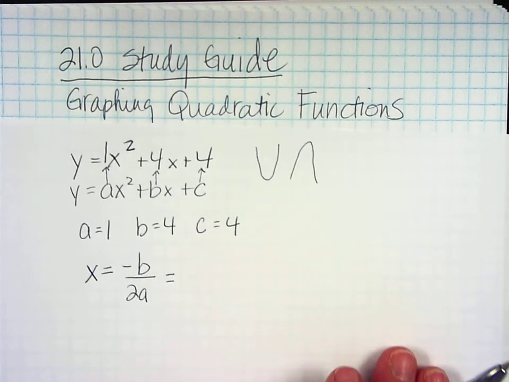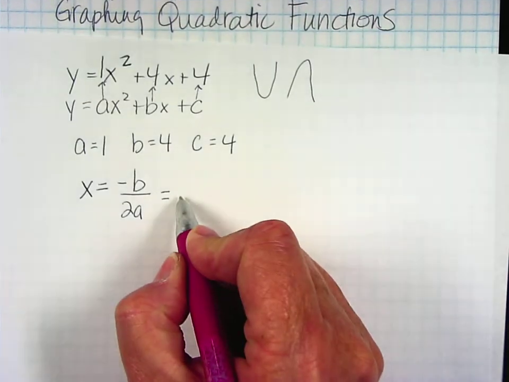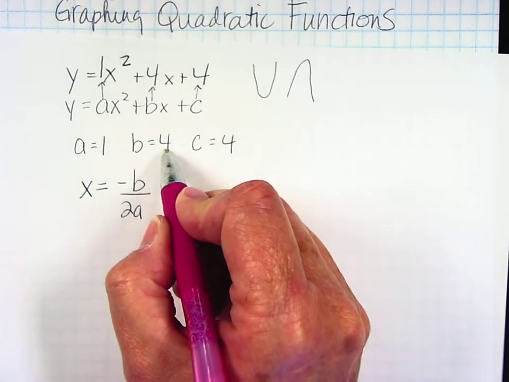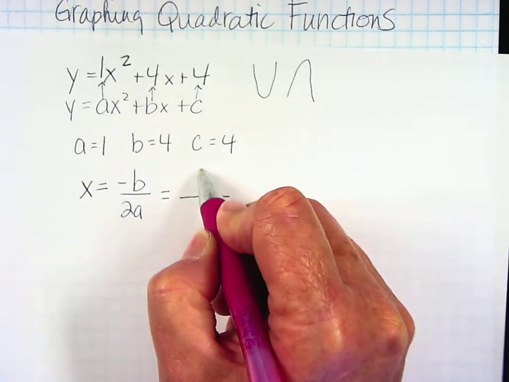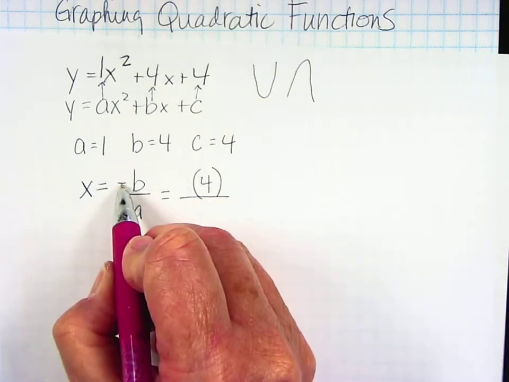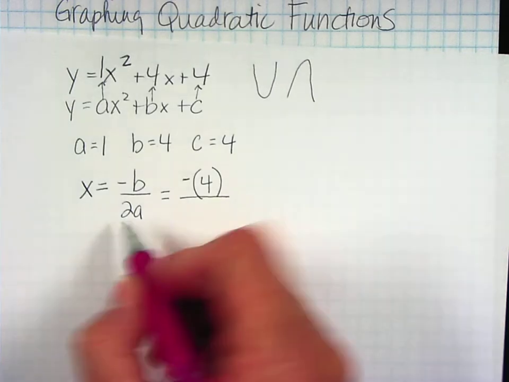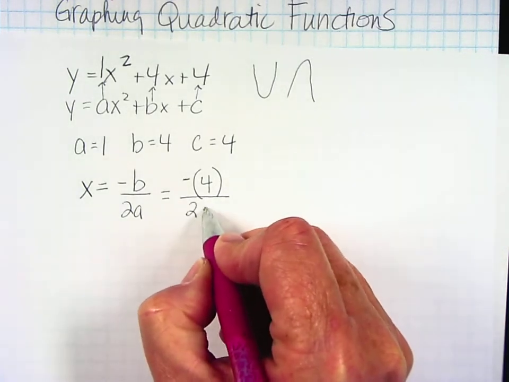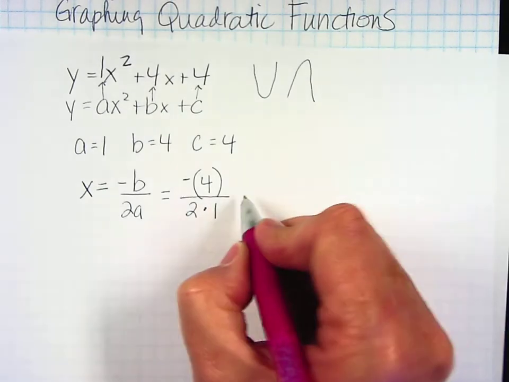Now here's how I like to plug this in. I'm going to make my fraction. Whatever b is, I'm going to put it in parentheses. So b is 4. I'm going to put it in parentheses, and then I have to make it negative, so I'm going to put a negative sign in front of it. In my denominator, I have 2 times a, so 2 times 1 is positive 2.